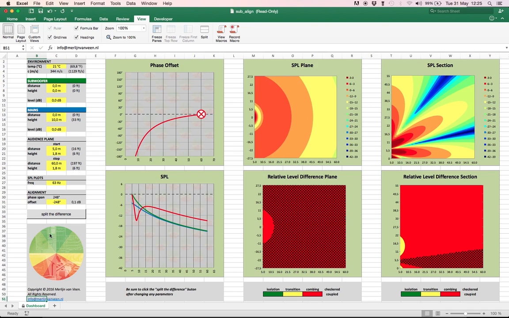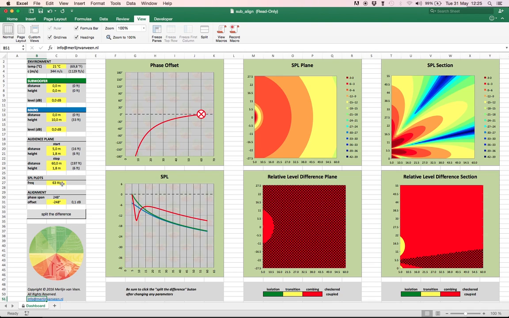And if we stick to our time alignment in the back of the venue recommendation, then we can see that even though there's 10 meters of physical displacement between our ground stacked subwoofers and our flown subwoofers, the majority of the audience is very much in the coupled area, the area where we reside in the top of the phase wheel.